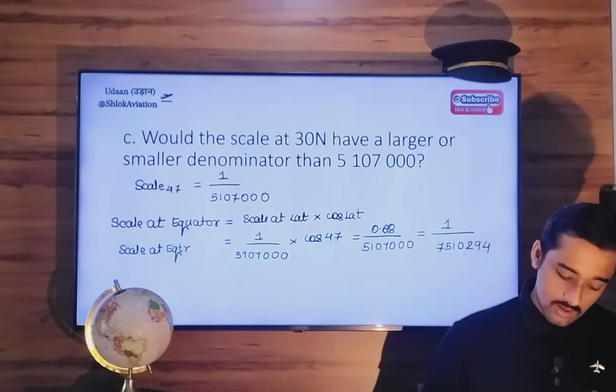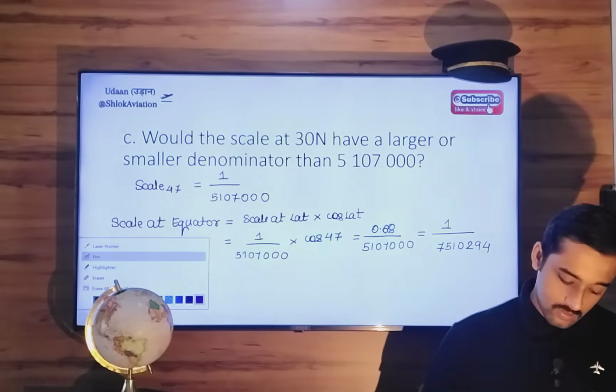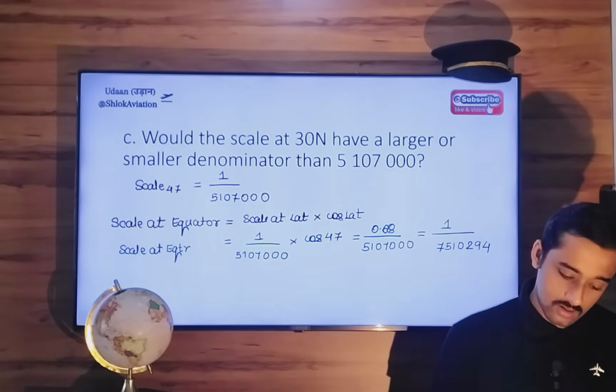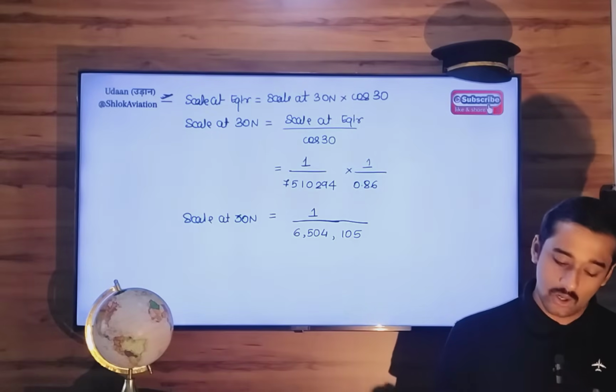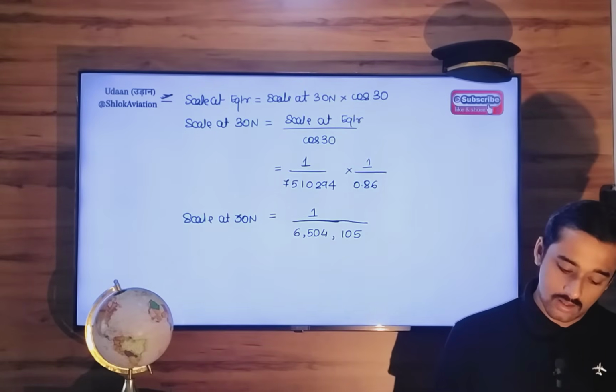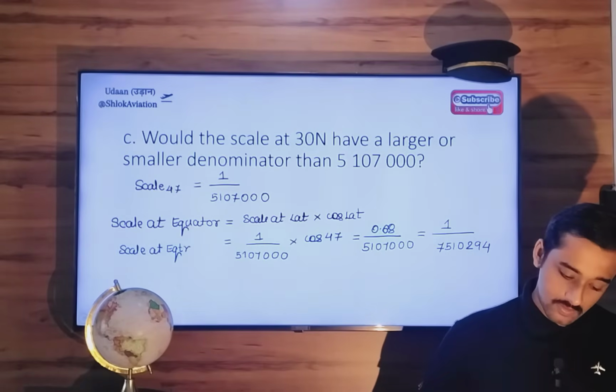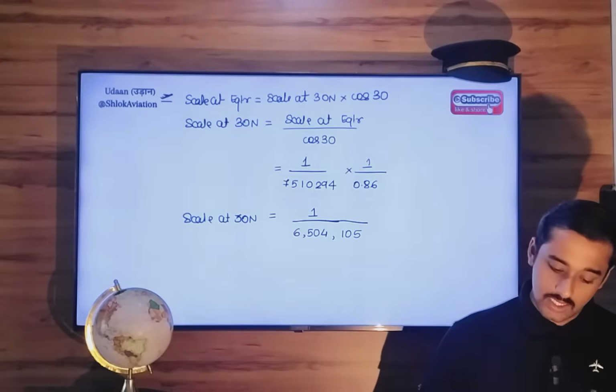Now what is the scale at 47? It is 51 lakh. And what is the scale at 30 north? It is 65 lakh, right? So 51 lakh and 65 lakh.